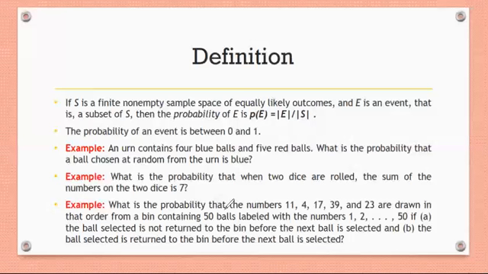Now let's see the next question. What is the probability that the numbers 11, 4, 17, 39, and 23 are drawn in that order from a bin containing 50 balls labeled with the numbers 1 to 50?